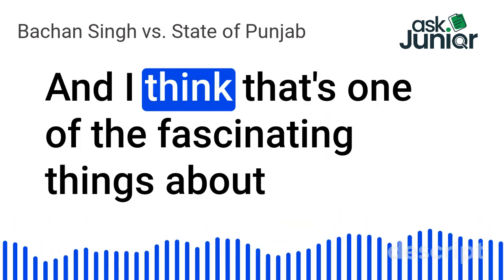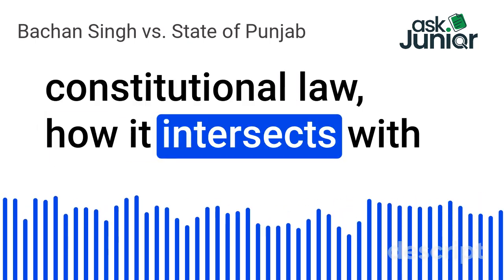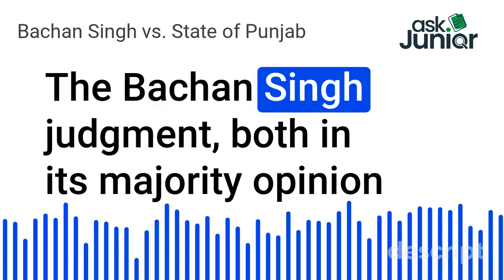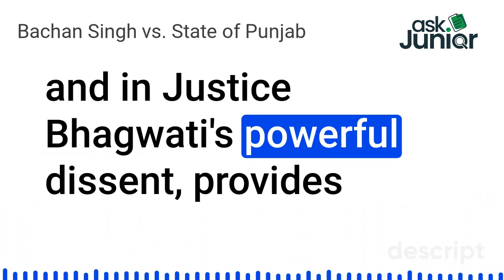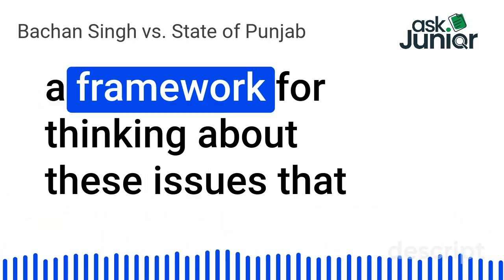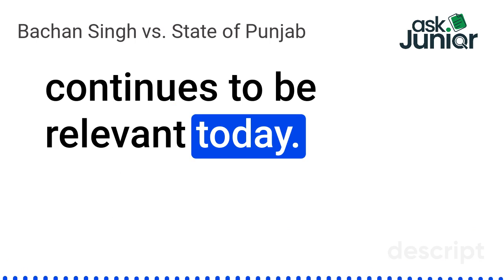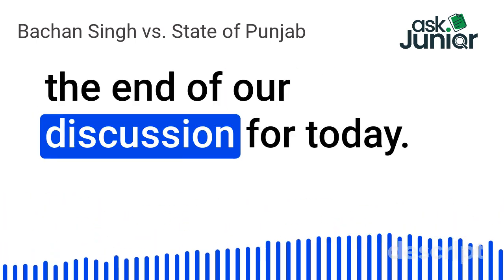Indeed. And I think that's one of the fascinating things about constitutional law, how it intersects with these ongoing social and moral debates. The Bachan Singh judgment, both in its majority opinion and in Justice Bhagwati's powerful dissent, provides a framework for thinking about these issues that continues to be relevant today. Absolutely, Michael. Well, I think that brings us to the end of our discussion for today.